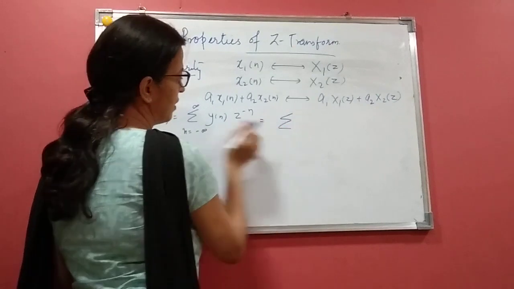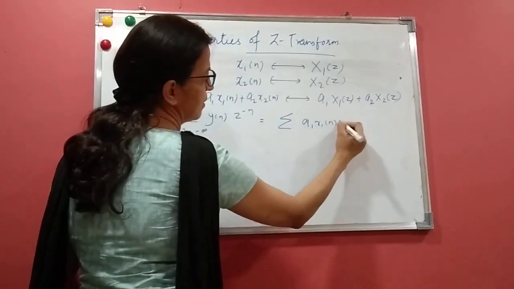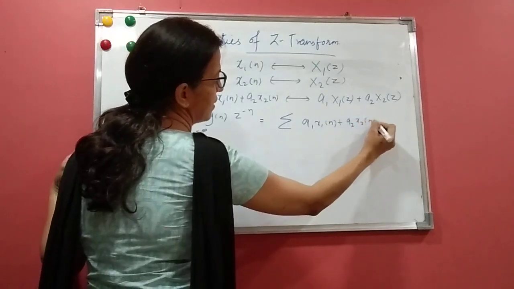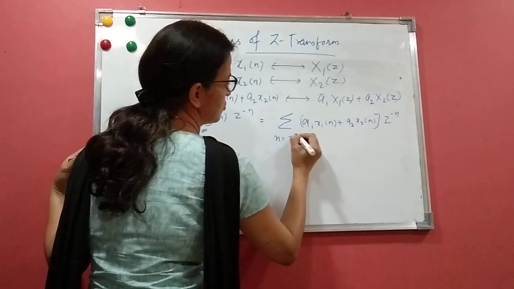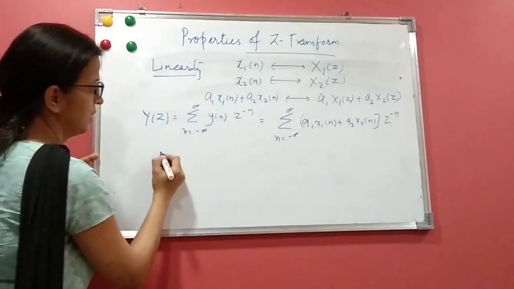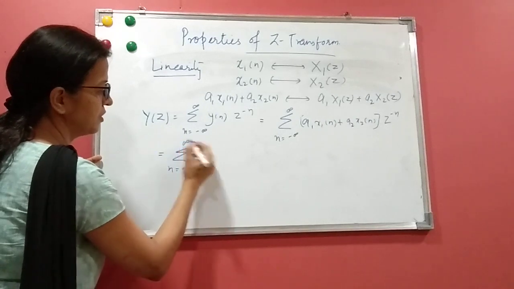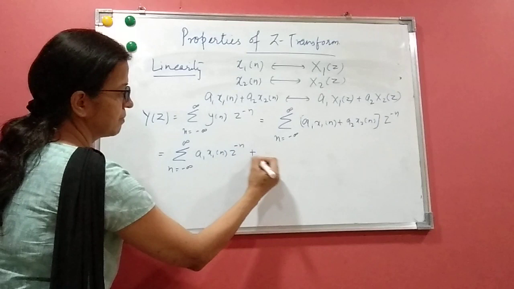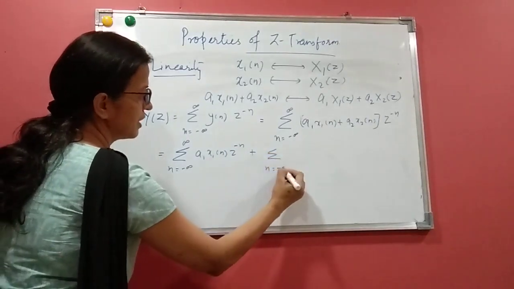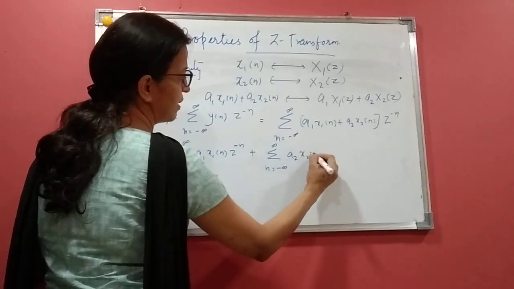We put the value of y(n) as a1 x1(n) plus a2 x2(n), so this equals summation of a1 x1(n) z raised to minus n plus summation of a2 x2(n) z raised to minus n.